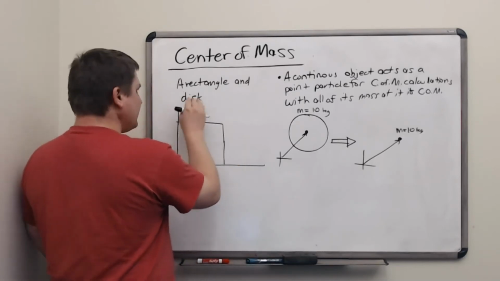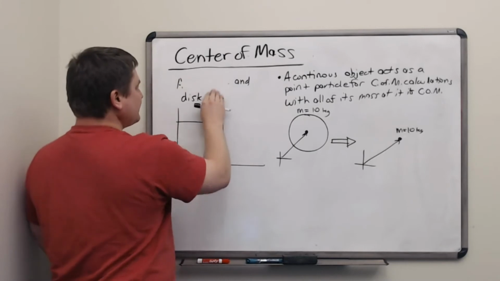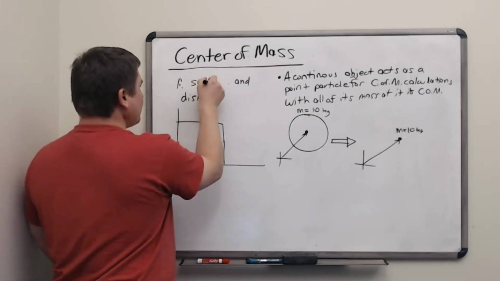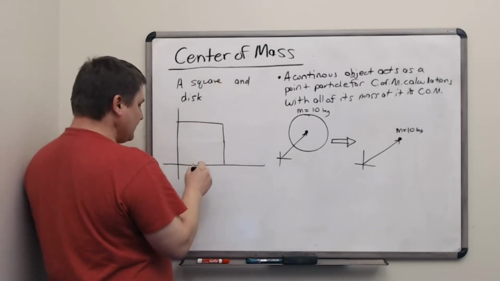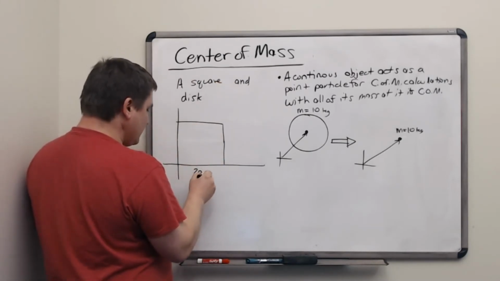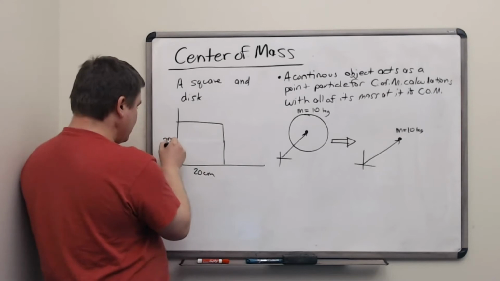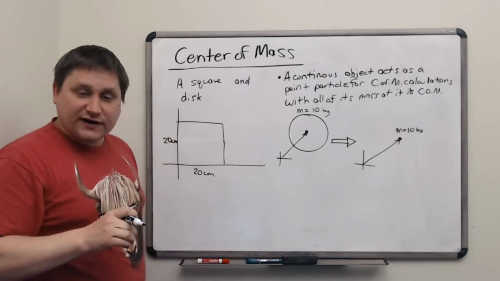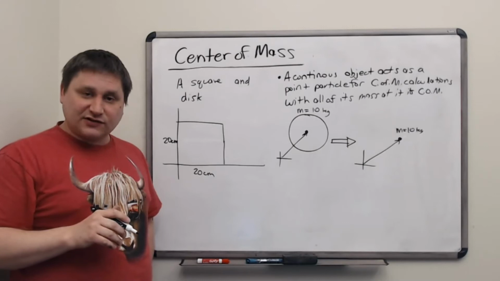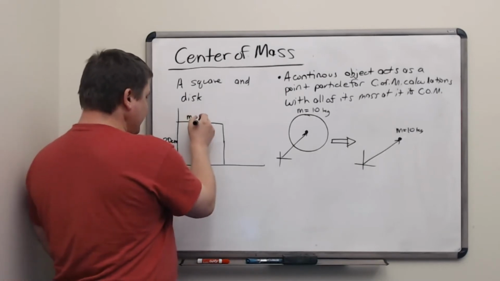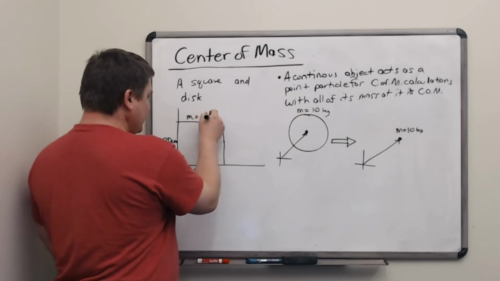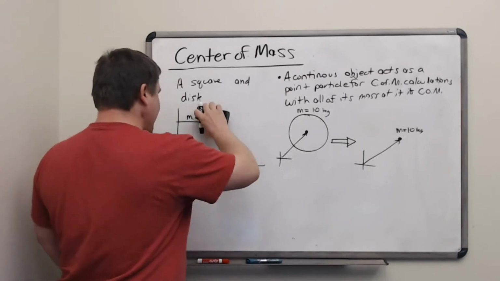So, not actually a rectangle, we're going to use a square. A square is also a rectangle, but we'll be more specific. So the square, we use 20 centimeters long and 20 centimeters tall for the square. And we'll let the square be called object 1 if we want, and give it a total mass of 800 grams.